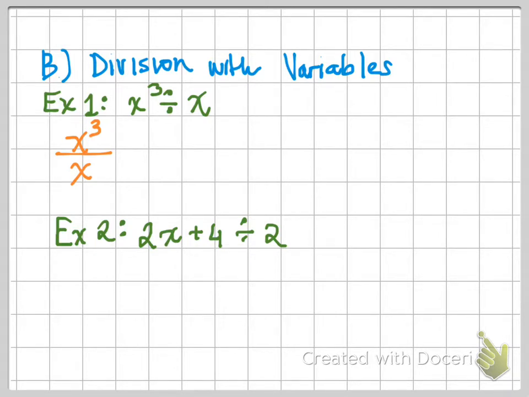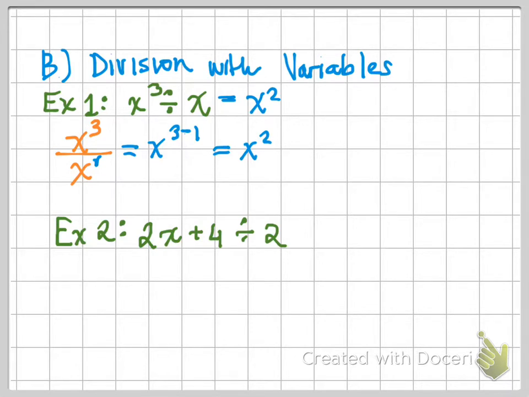We can think about exponent rules, and remember that x on the bottom is really like an x to the first power. So x to the third over x to the first, I can do x to the 3 minus 1. That's what exponent rules tell me, which is x squared. So that's telling me that the answer to my original question, what is x to the third divided by x? It's x squared.